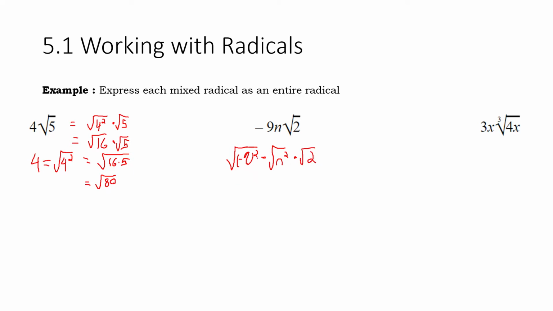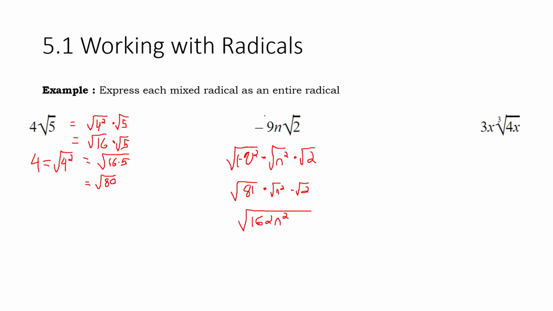And so negative 9 times negative 9 is 81, positive 81. And n squared is just n squared. And then times root 2. Now we can put it all under one big root and have 81 times 2, which is 162. And then times n squared.